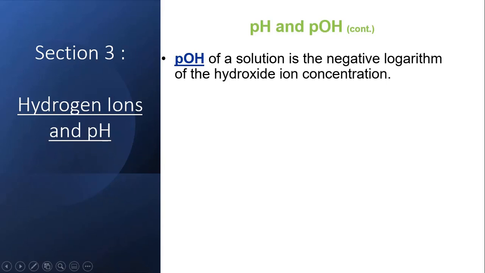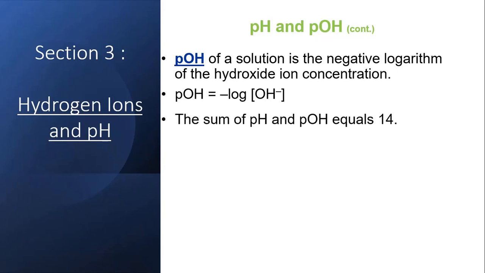So pOH of a solution is the negative logarithm of the hydroxide ion concentration. pOH equals negative log of the concentration of OH negative. Here is a new equation we will use. The sum of pH and pOH equals 14.